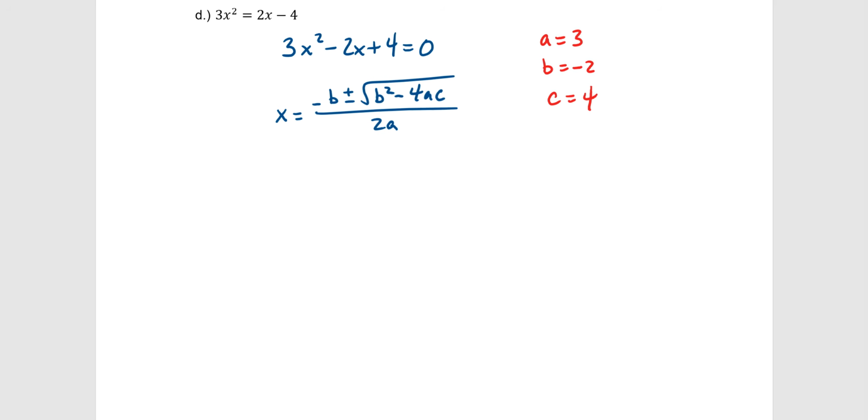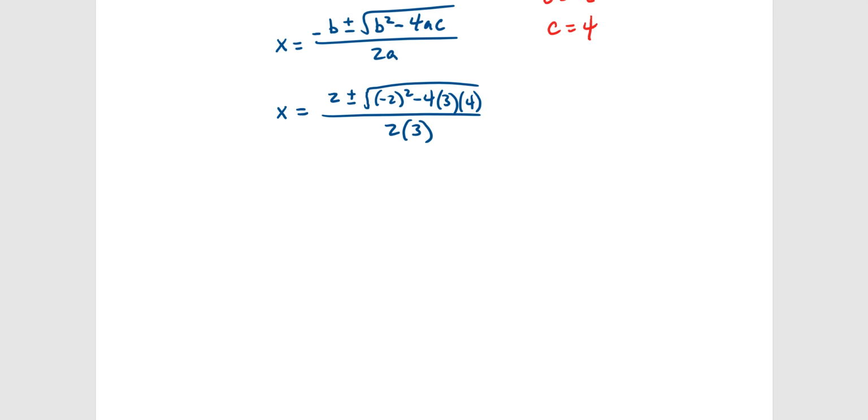So using the quadratic formula here, going to plug in our a, b, and c. We have x equals negative negative 2, so positive 2 plus or minus the square root of negative 2 squared minus 4 times 3 times 4. And that's all under the square root, all divided by 2 times 3.